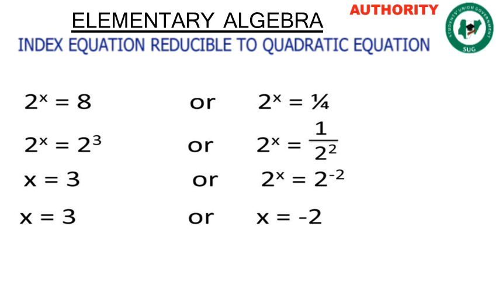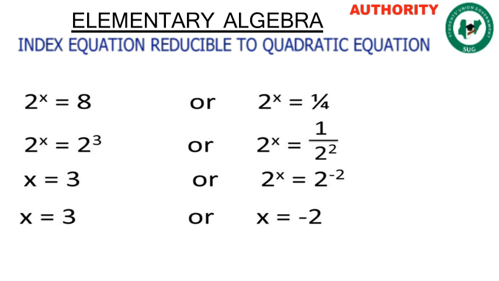We have 2 raised to power x is equal to 2 raised to power 3, or 2 raised to power x is equal to this 1 all over 2 raised to power 2, which can be written as 2 raised to power minus 2. Hope I'm clear.